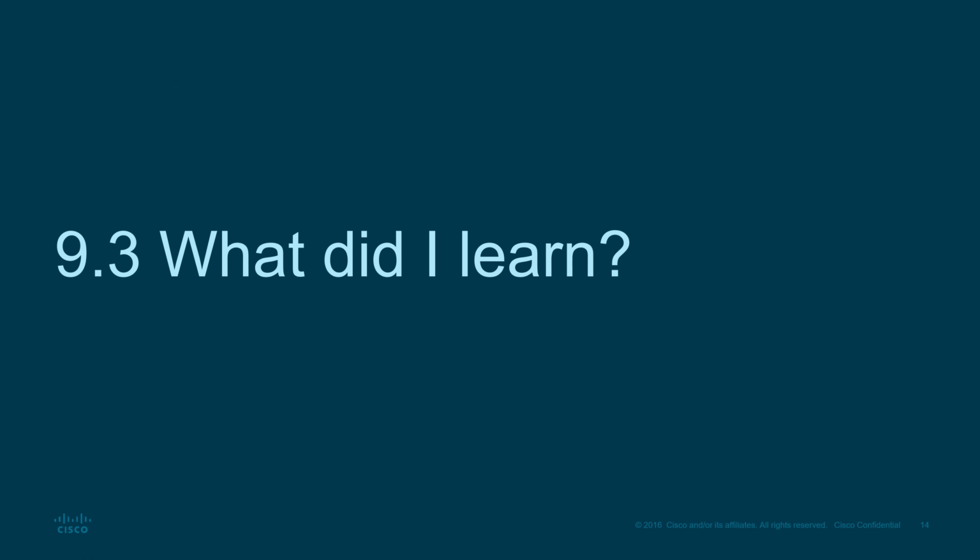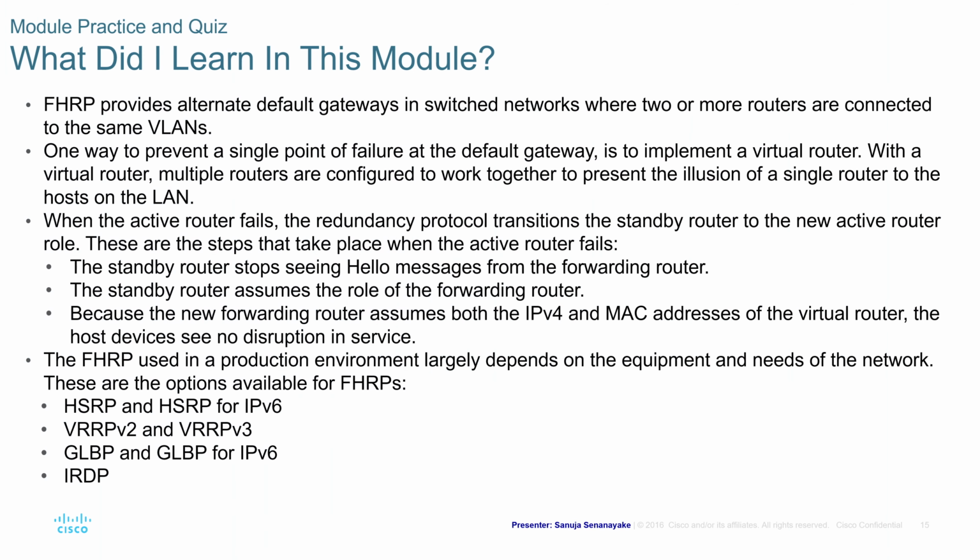So that would bring us to the end of this lecture, and I will go over the items that we have covered. We learned FHRP provides alternate default gateways in switch networks where 2 or more routers are connected to the same VLAN.